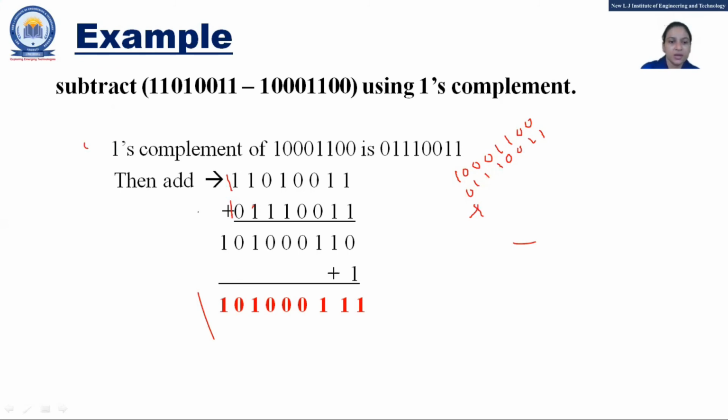Added together, it generates a carry. This is our carry because our digits are 1, 2, 3, 4, 5, 6, 7, 8, so this is our extra bit. This carry we have to add to the LSB, and this is our answer. So whenever the result has a carry, in the case of r minus 1's complement, we add it to the LSB and we get our answer.